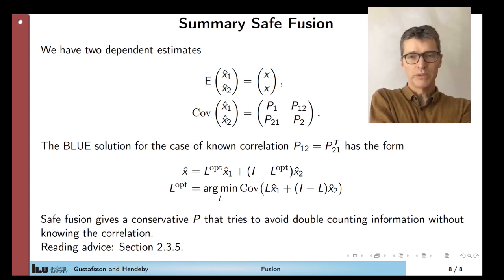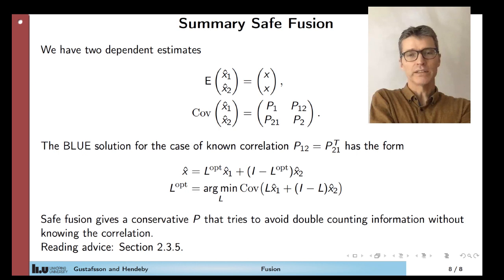So the BLUE for this full problem formulation can be derived, but in the course we just cover the case of the safe fusion algorithm that treats P12 and P21 as completely unknown and tries to make the best of the situation by computing a conservative covariance matrix and a conservative x hat by combining these two using a series of transformations back and forth.